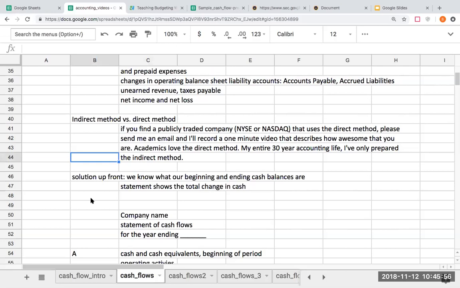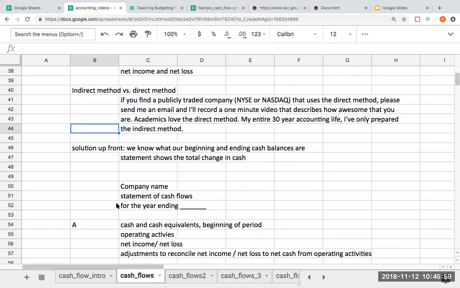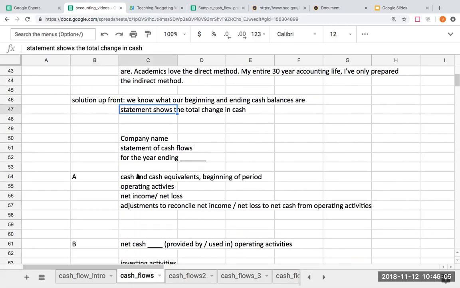So when we're preparing a statement of cash flows, there's a couple different steps. The first step is we're going to create a skeleton, and the skeleton is essentially going to be the same for every single type of statement.